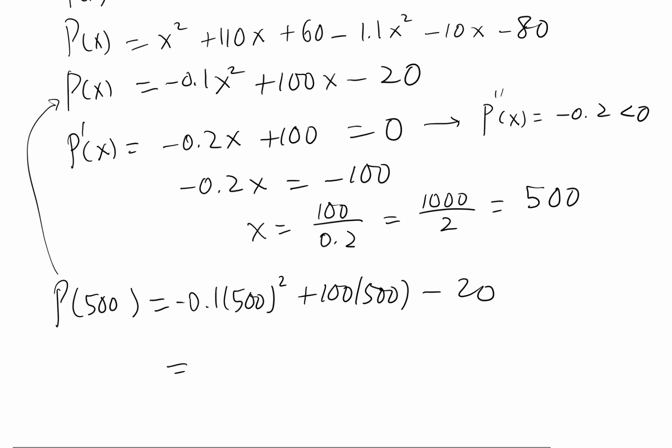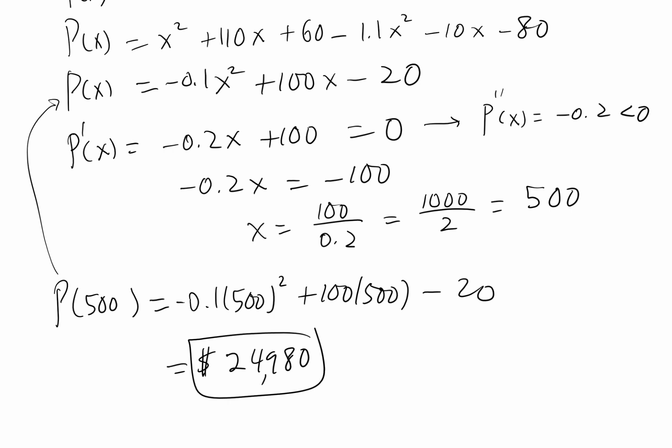That would give us 24,980. So $24,980 profit for selling that number of units, x equals 500 units.